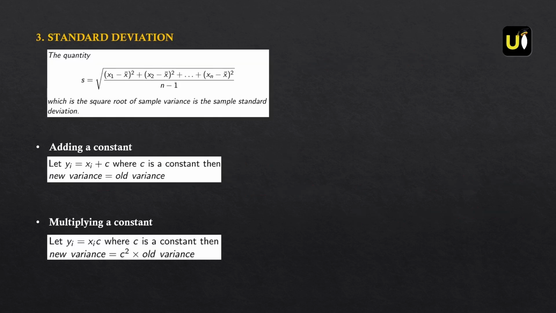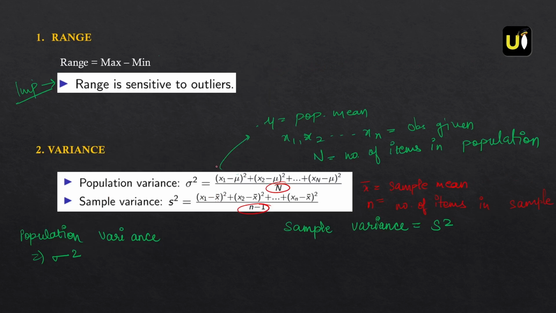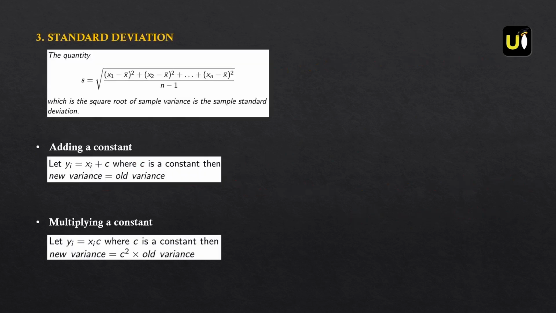So now we have standard deviation here. It is just the square root of the variance. If you see here, it is the same formula given, but this is not a square, this is a root. Applying the same formula, just making it the square root.